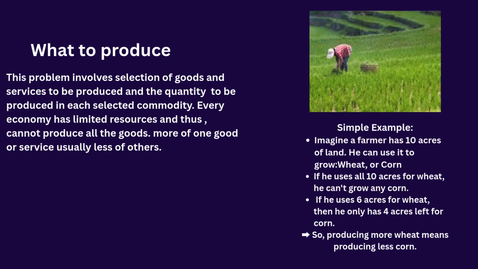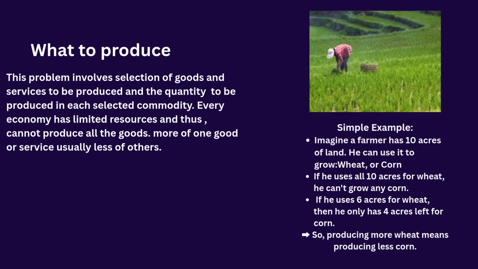So producing more wheat means producing less corn, right? If you have 10 acres of land, you are producing wheat and you are producing corn. But the ratio in which you produce is based on the need. People mostly need wheat, right? Corn also they are eating, but wheat is the primary product, right?